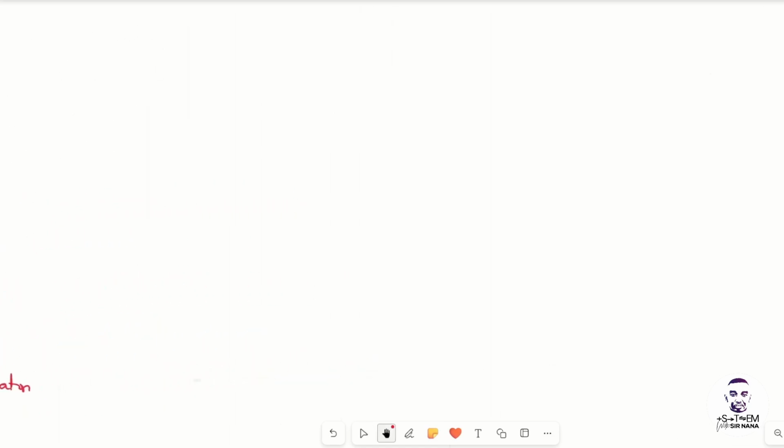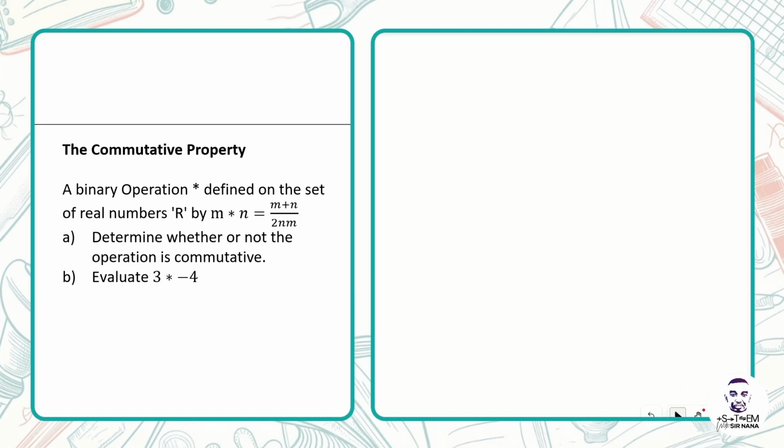Now let's consider how we can evaluate 3 operation negative 4. We have m operation n equal to m plus n all over 2nm.